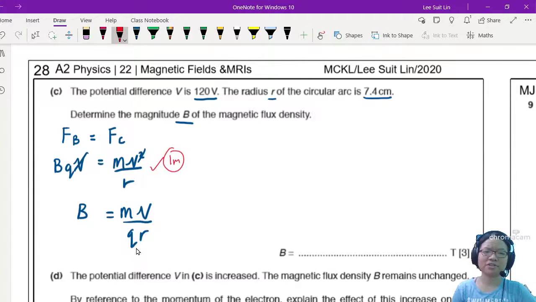Okay, so you want to determine the magnetic flux density. Then you notice, hey, wait a minute, this MV is equal to momentum. Because you can actually go and see that we don't have the value of the velocity of the particle.